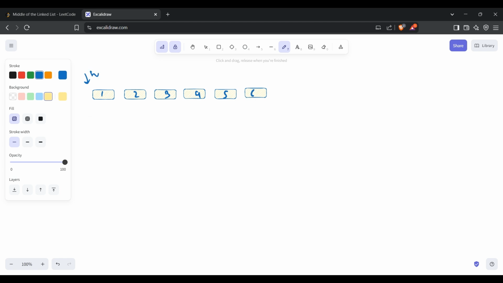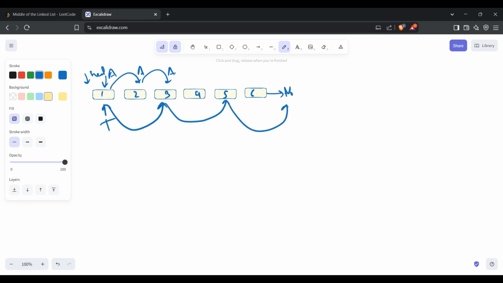This is the head, and we put T pointer here and A. T will move twice, A will move once. Now T will move twice, A will move once. T will move twice, here it is none, and A will move once. Now T has no place to go further, therefore the node at which A is pointing, that is exactly the middle one.